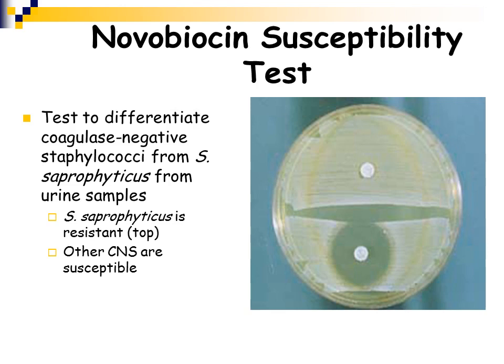So that would be indicative of Staphylococcus saprophyticus. On the bottom, you have a halo around the organism where the organism couldn't grow. That means the Novobiocin inhibited the growth of the staph, which would indicate that it's not Staphylococcus saprophyticus, it's one of the other coagulase negative Staphylococci.